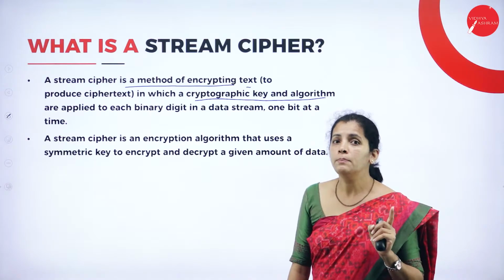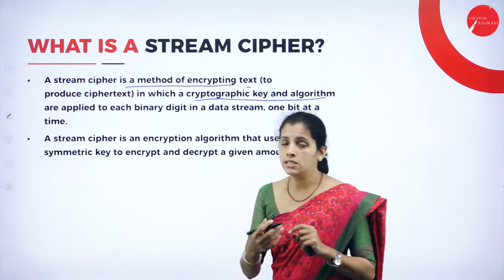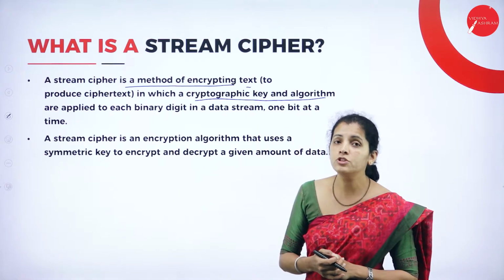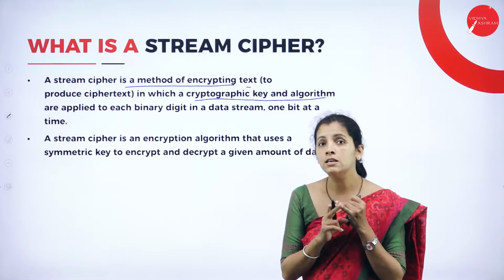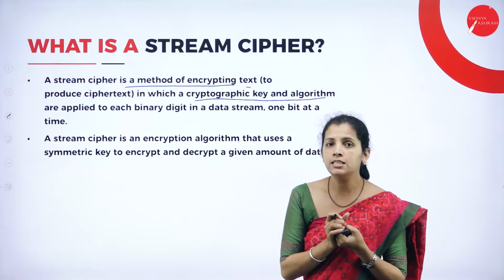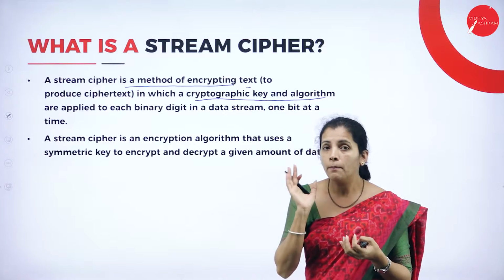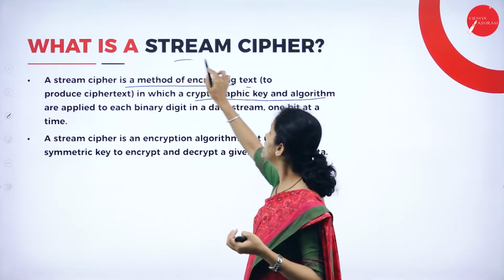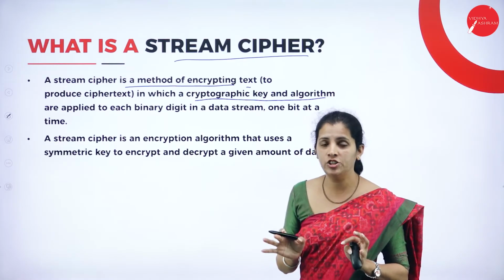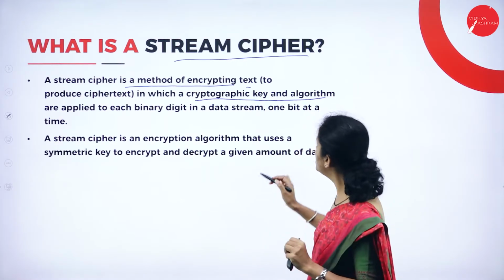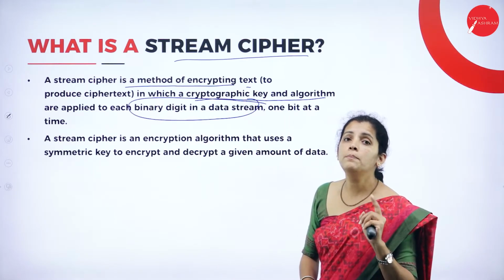So dear student, please make a note here that if I go with substitution cipher or transposition cipher, there I'm going to consider characters as well as digits as well as special symbols. So especially we are going to consider only characters. But if I go with stream cipher, here I'm going to consider only binary digits, one bit at a time.